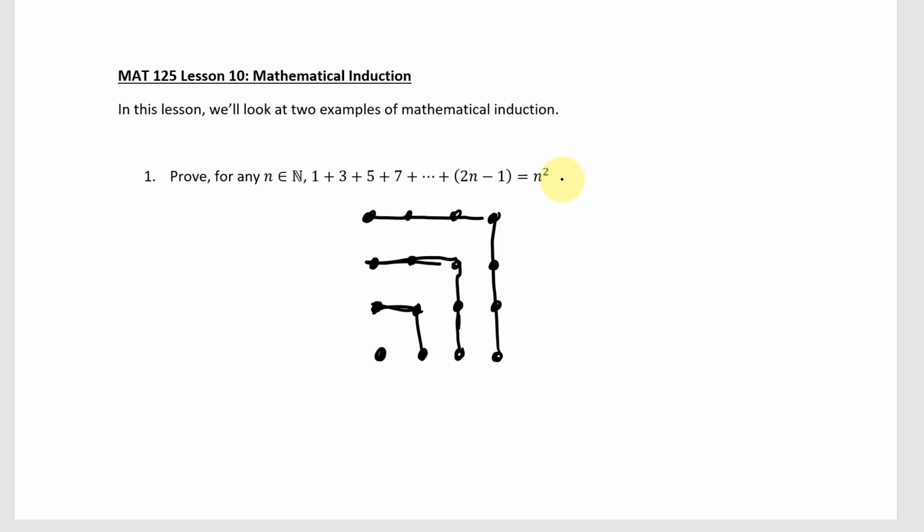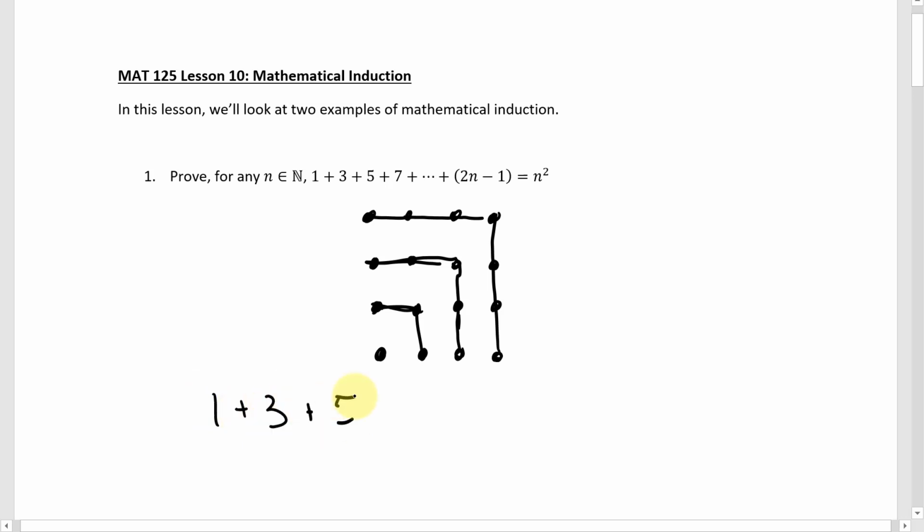If I added the first 5 odds, 1 plus 3 plus 5 plus 7 plus 9, that's 4 plus 12 is 16 plus 9 is 25. And sure enough, that would be 5 squared.